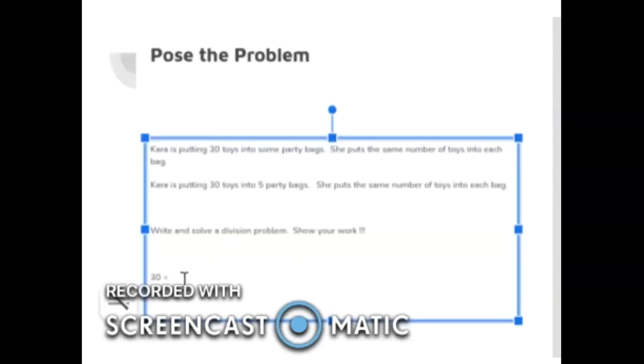So I have 30 divided by 5. And if we're not sure what that answer is, we can put any variable there. So I'm just going to put A. How could I use a known multiplication fact that would help me here? So in this kind of problem, if I already know my basic facts, I could be thinking about what number times 5 would get me the answer.